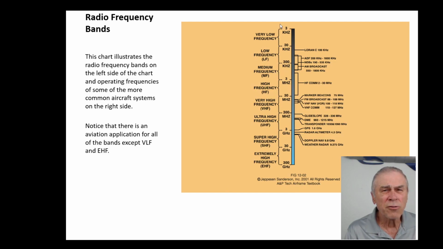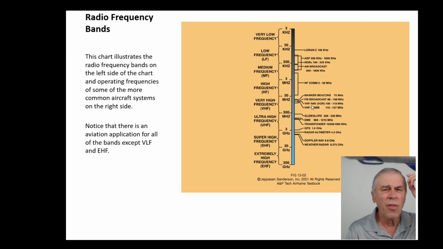Another look at the electromagnetic spectrum. This time it's showing typical aircraft usages of communication and navigation. We'll see the high frequency communication takes place here, and you'll see that FM VHF com, or the communications, is right above pretty much broadcast. FM broadcast here is what, 88 to 108?